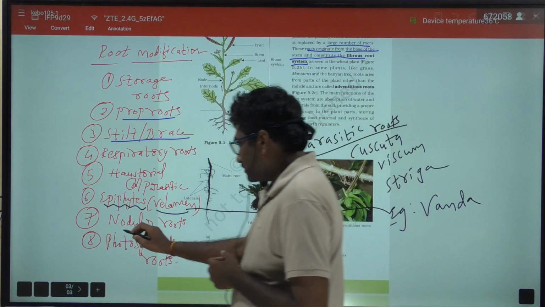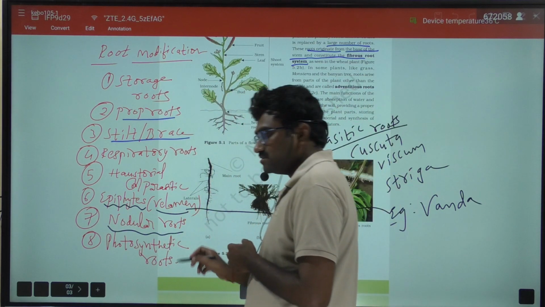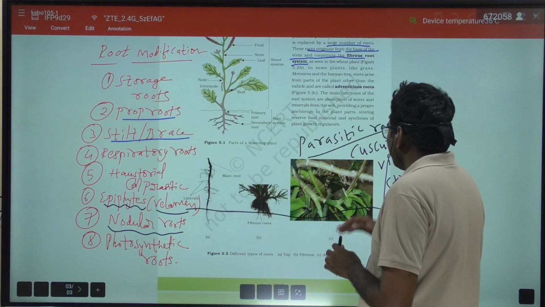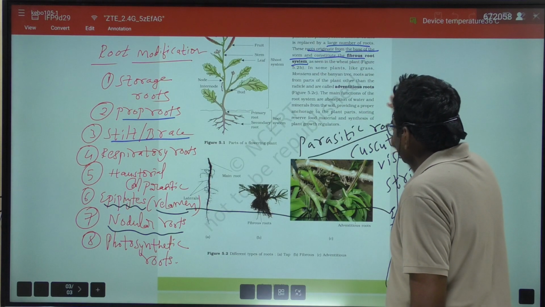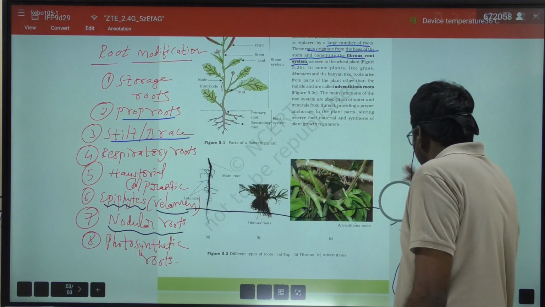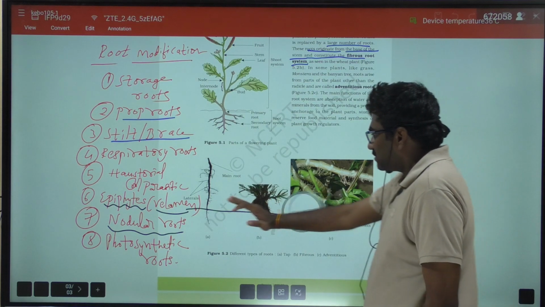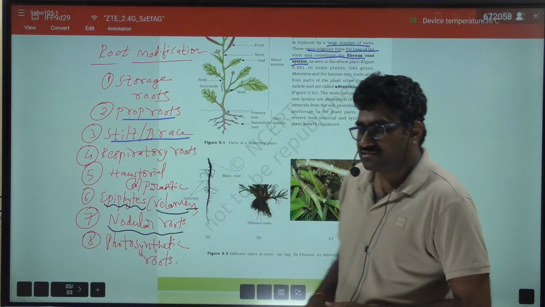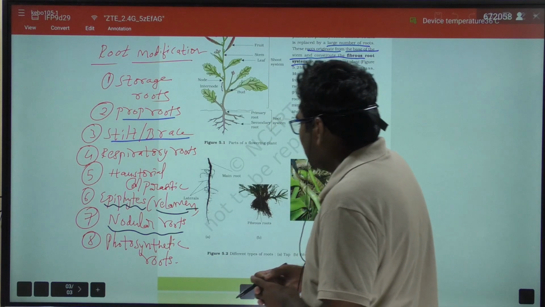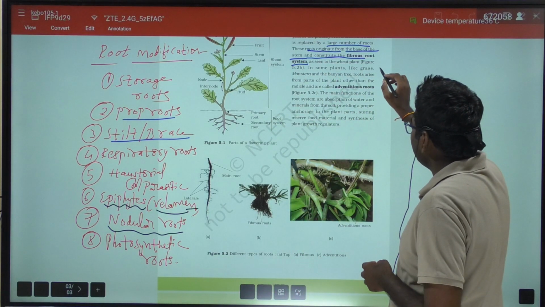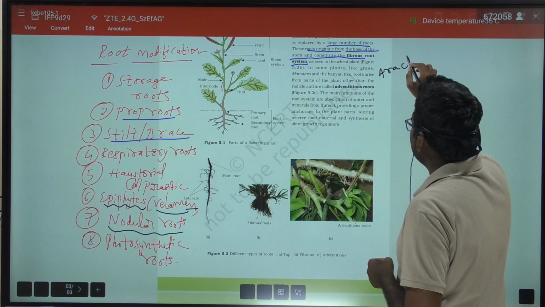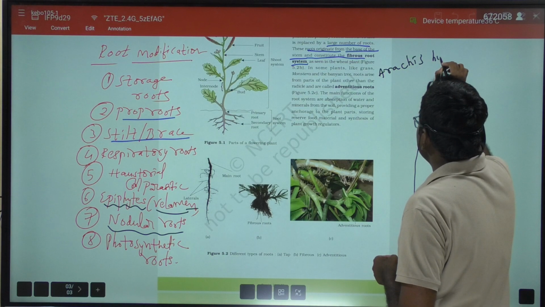Next modification is nodular roots, very important. These nodular roots are found in Leguminaceae family members. For example, groundnut, that is Arachis hypogaea.